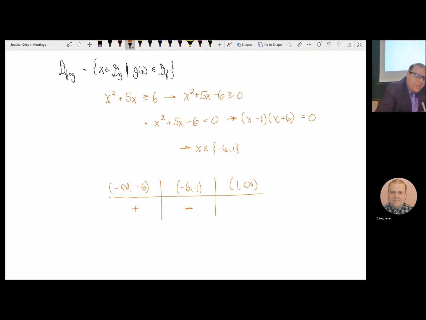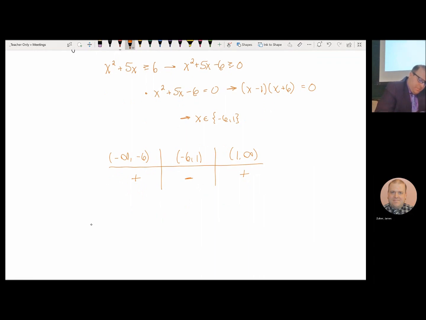And then 1 to infinity, we're going to get positive times positive, which is positive. So the solution is -infinity to -6 unioned with 1 to infinity.